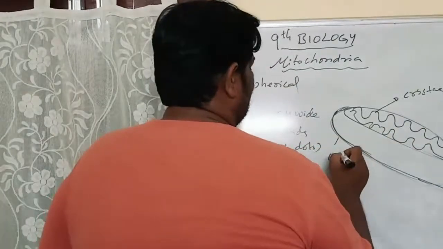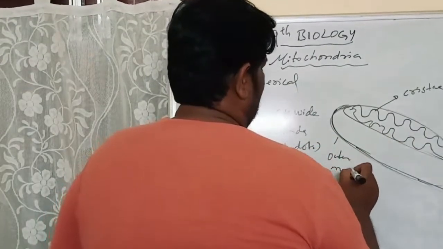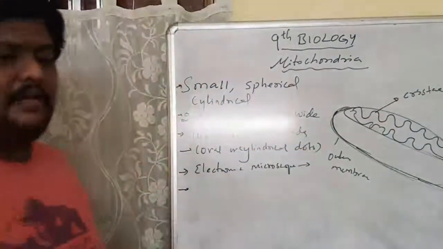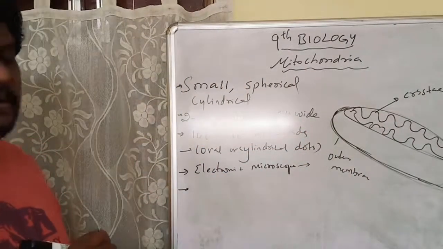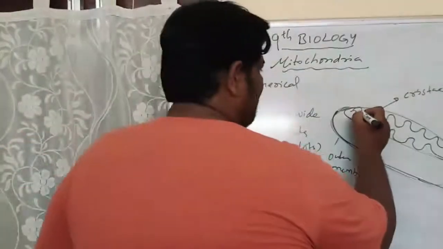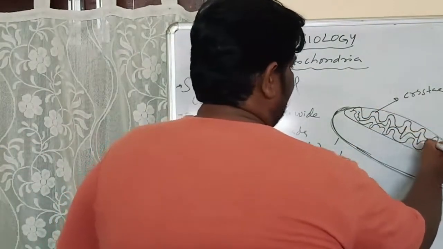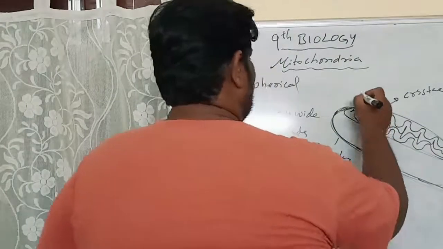This is the outer membrane and this is the cristae. And the empty space in between the finger-like projections is called the matrix.